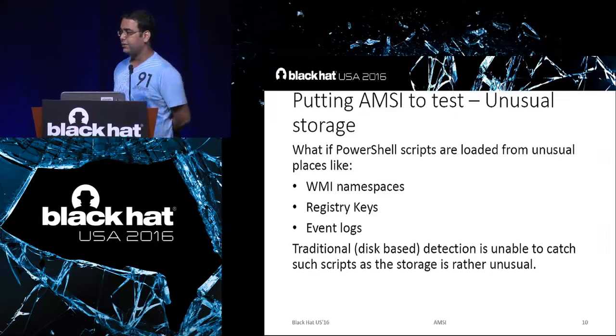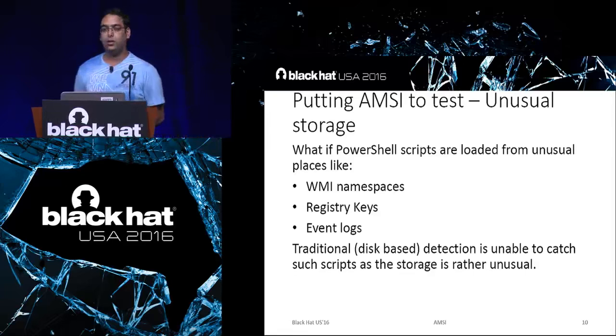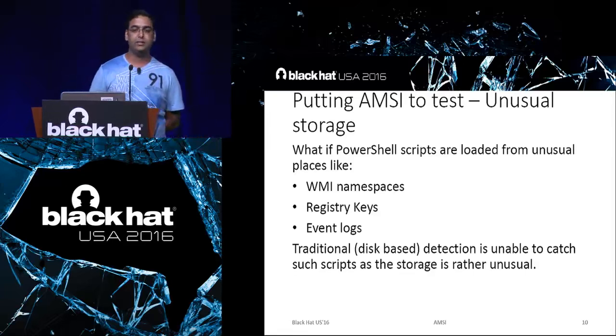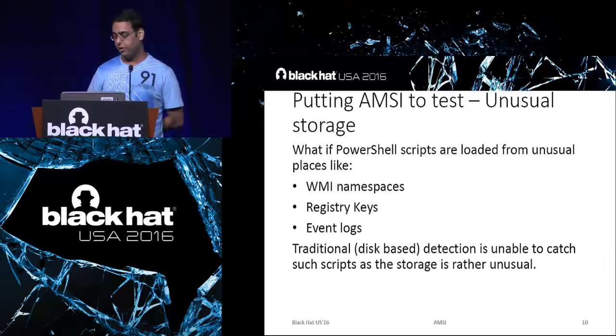Traditional antiviruses during my tests were not able to detect these things for obvious reasons. But AMSI still caught them because no matter where the script came from, it was submitted in clear text to the scripting host, and at that time AMSI stepped in and detected it.